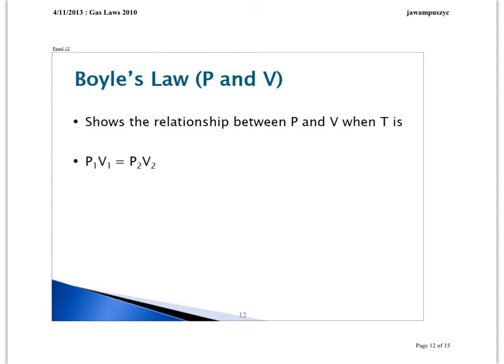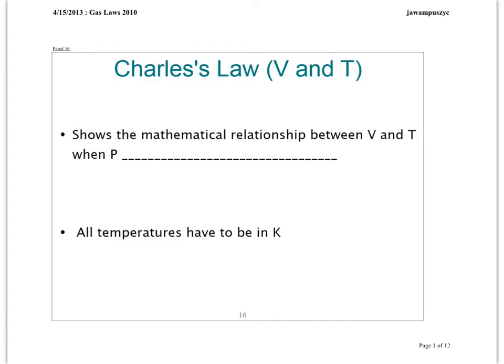Remember, we have three total variables: pressure, volume, and temperature. And this particular relationship between pressure and volume occurs when temperature is held constant. Later on, we'll see how to treat this when all three of these variables are combined together. Similarly, a second law relates volume and temperature when pressure is held constant.